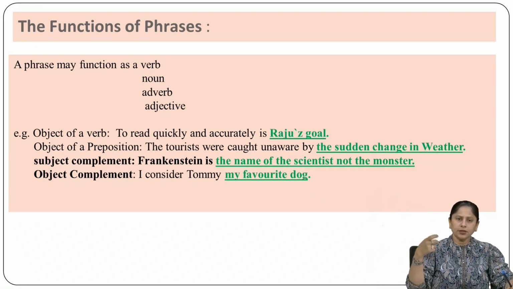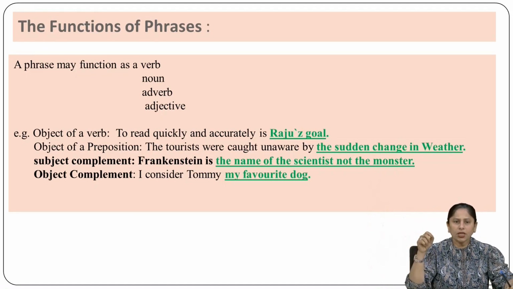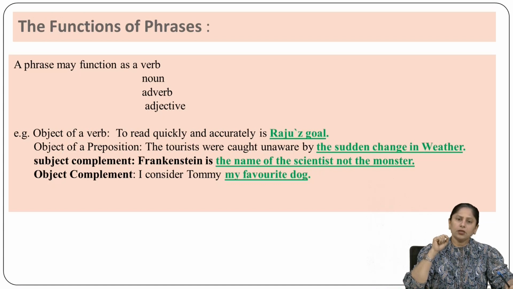Then again, next sentence, object of a preposition. The tourists were caught unaware by the sudden change in the weather.